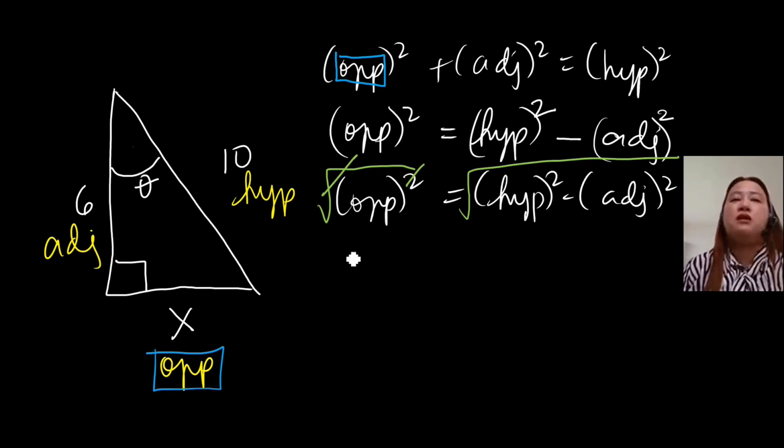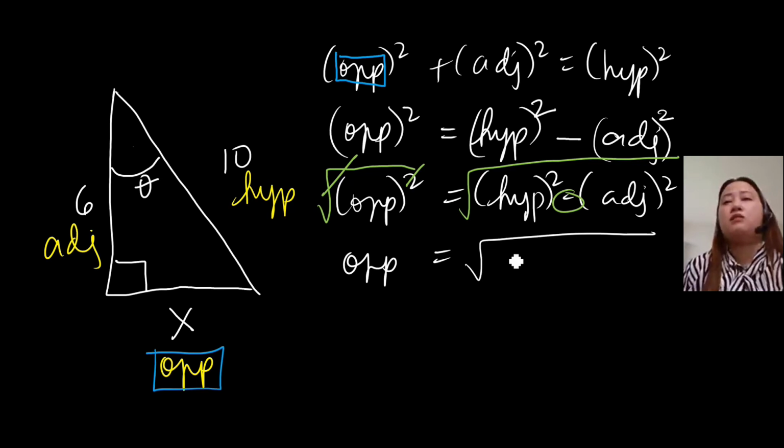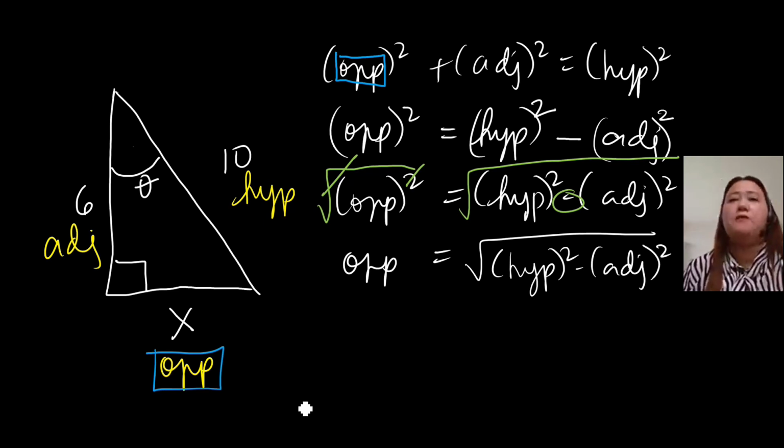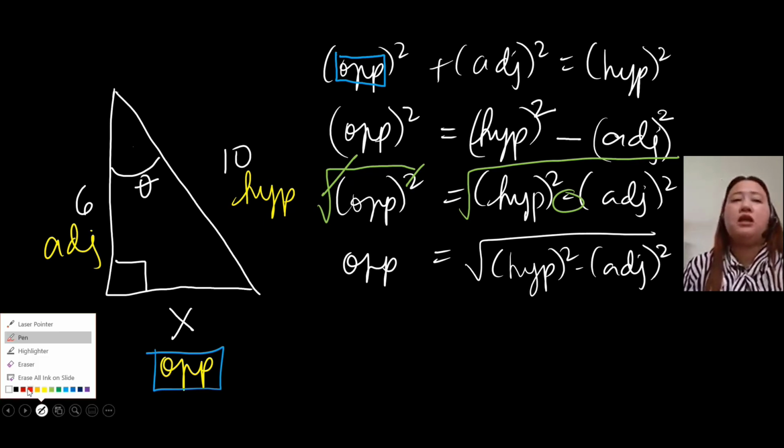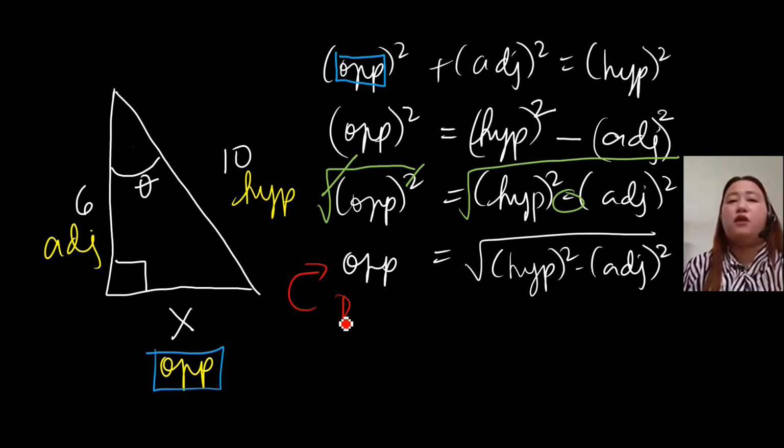So this is opposite. And then on the right side, remember, since we do have the operation subtraction, we cannot cancel. You're just going to copy it. So that is the square root of hypotenuse squared minus the adjacent squared. So this is actually the derived formula.